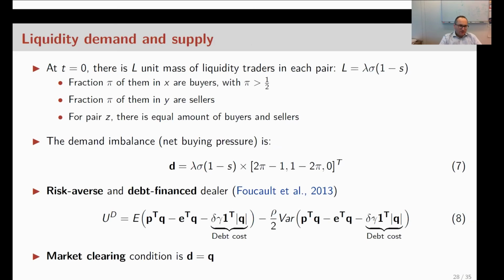Now, when it comes to the liquidity demand, it's relatively straightforward and symmetric how we model this.